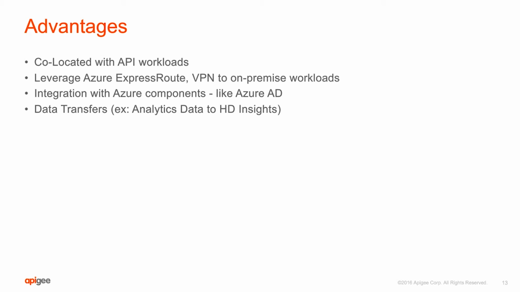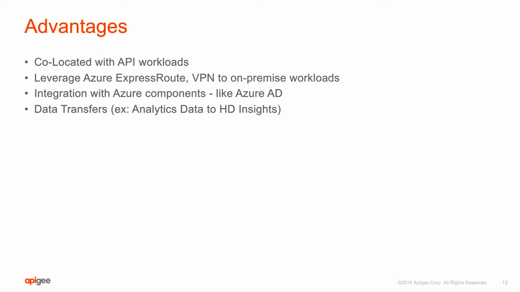But with Apigee managing all of them, you have one visibility around who is affected, and you keep the API layer unified when you do all this. That's a definitive advantage that people are seeing, and that's one of the reasons why there is a huge demand for Apigee on Azure.